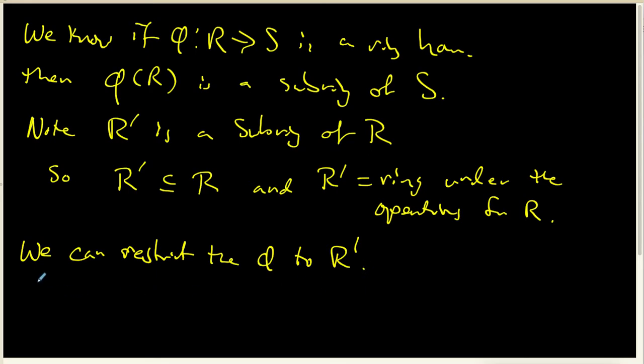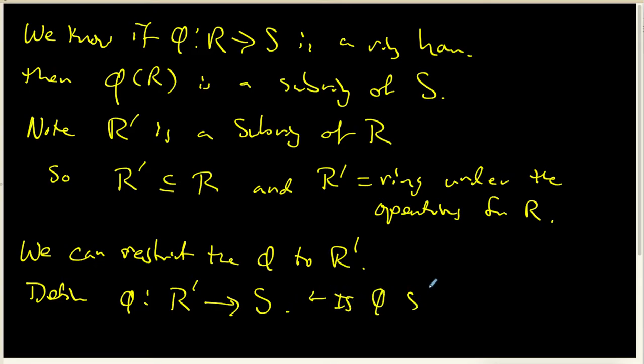In other words, we can define phi as a map from R prime to S. And the question is, is phi still a ring homomorphism? Because if phi is still a ring homomorphism, then our big theorem will kick in and say that phi of R prime is a subring of S.